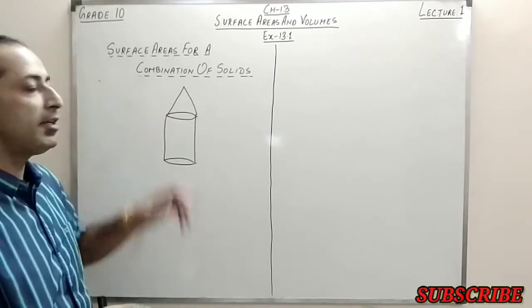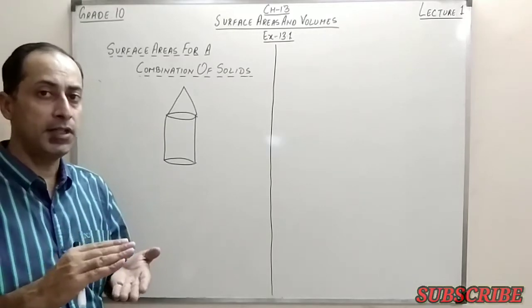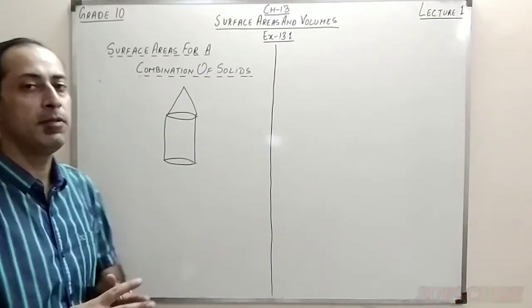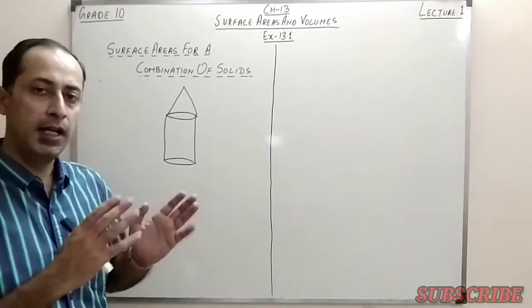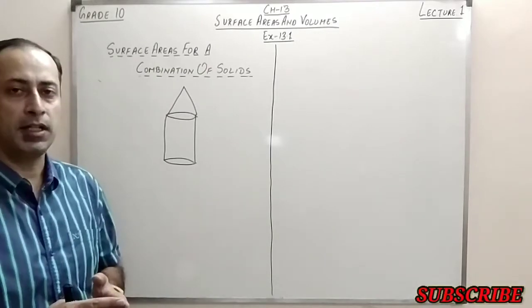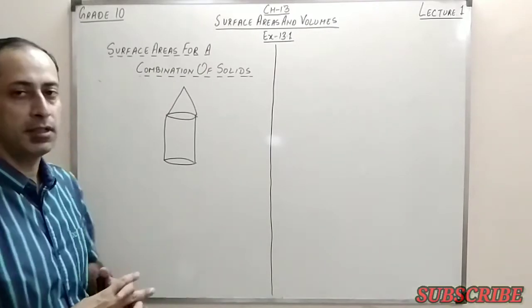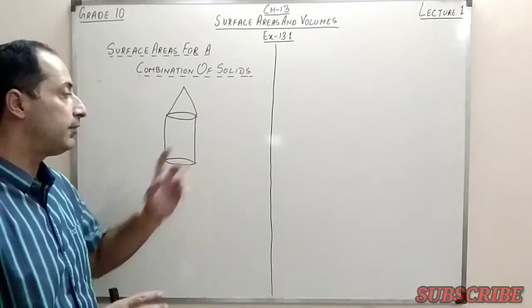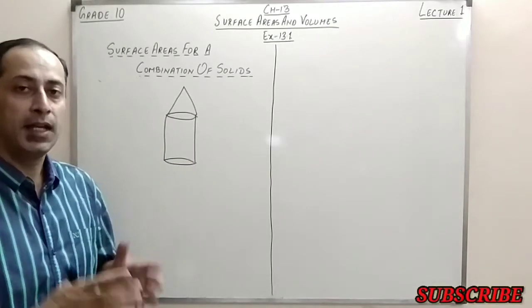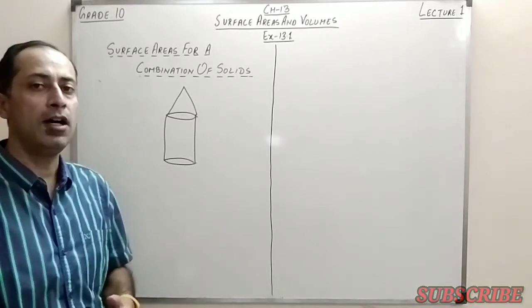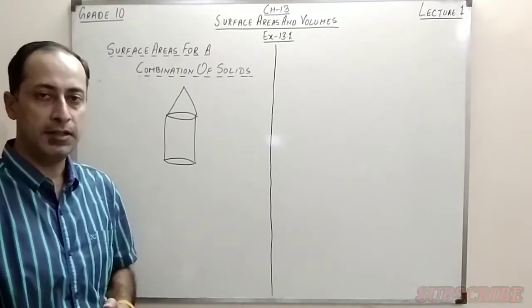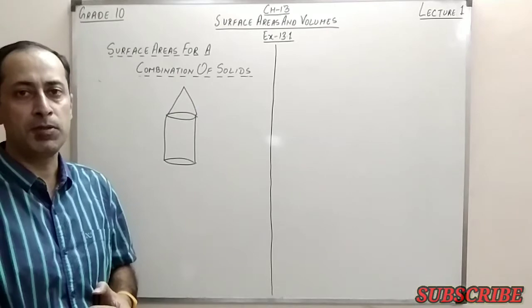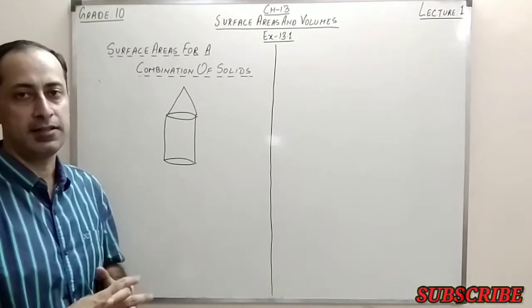Same way, we cannot take the total surface area of the cylinder because one of its bases is already merged with the cone. So for the total surface area of this combined object, we take the curved surface area of the cone, the curved surface area of the cylinder, and finally the area of the base of the cylinder. This is the way we proceed in this exercise, right?